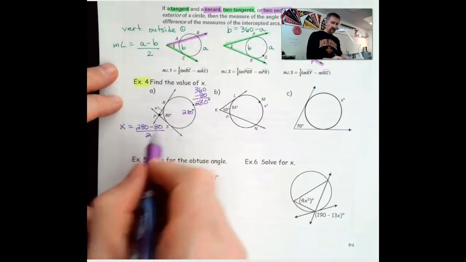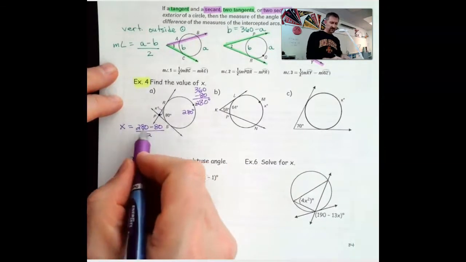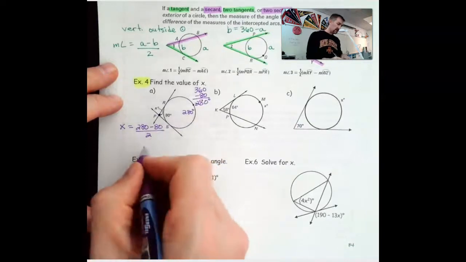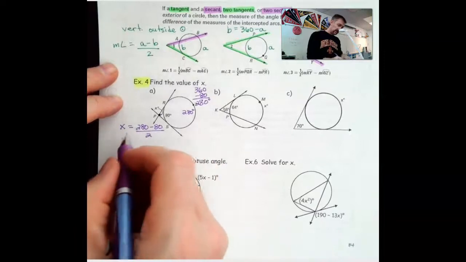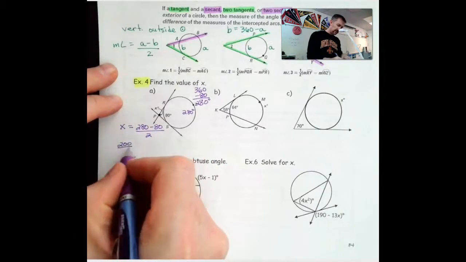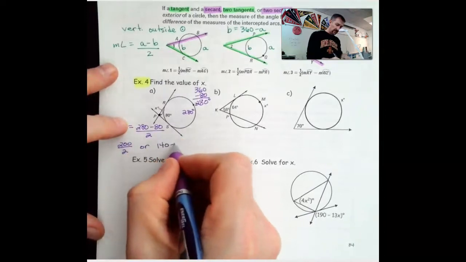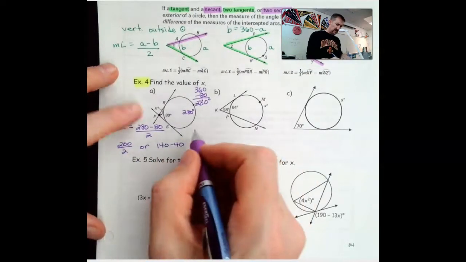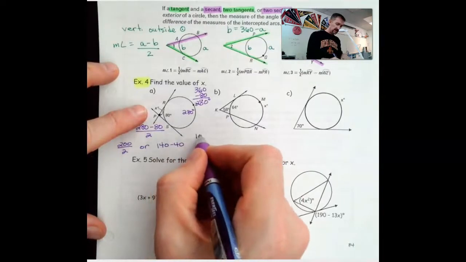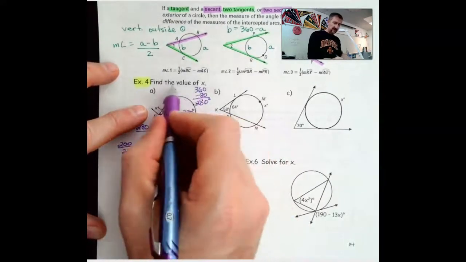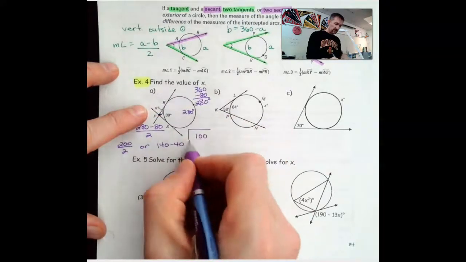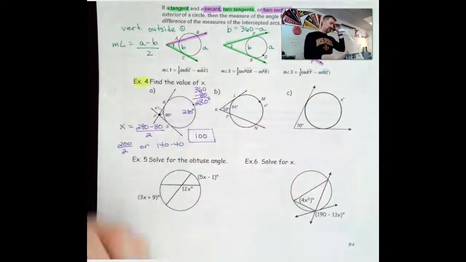I could divide them by 2, but I also noticed that 280 minus 80 is just 200, and 200 divided by 2 is just 100. So we could do 200 divided by 2, or we could do 140 minus 40. Either way, that's 100. It already has degrees on it. It said the value of x, not the measure, so we could just say 100, and we'd be all right.